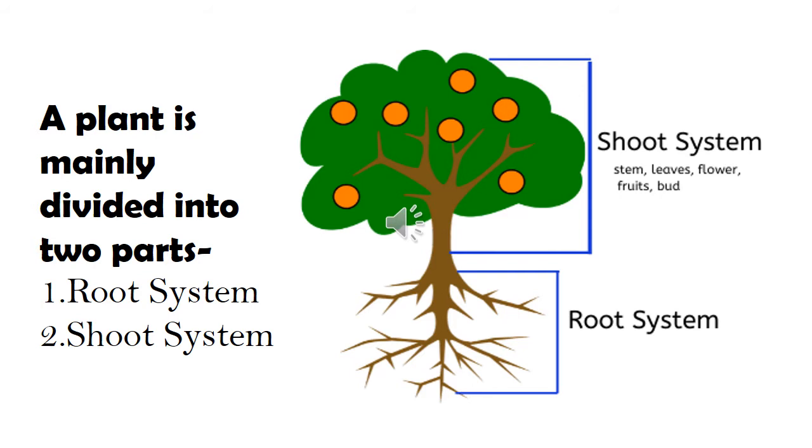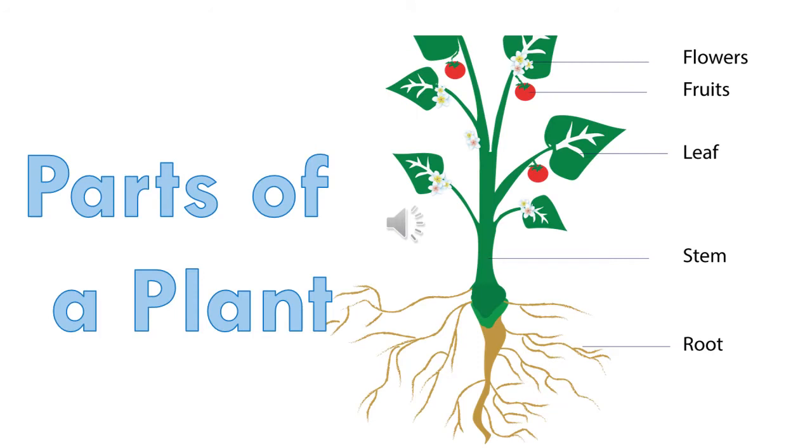On the other hand, the lower part where there is a root is called the root system. These two systems together make up a plant. These are the major parts of the plant, differentiating the plant into different parts.